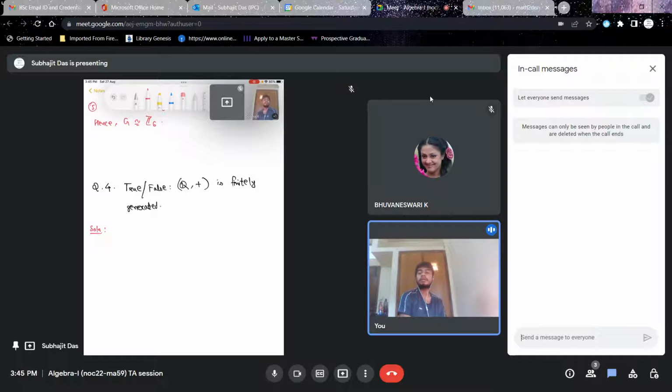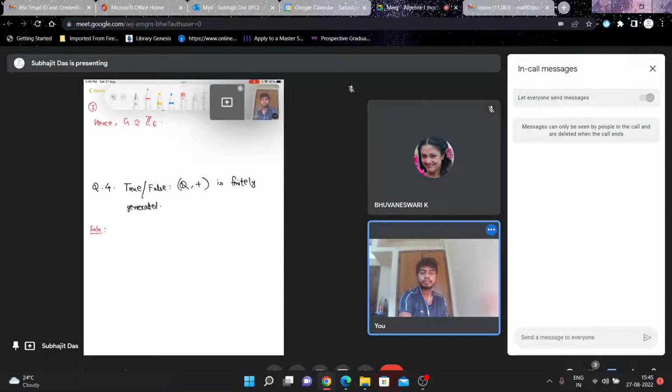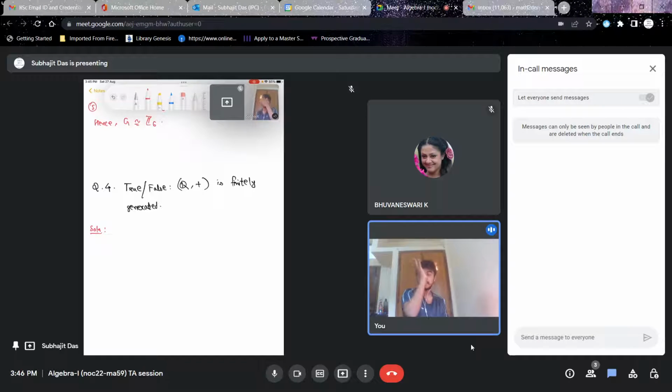What do you think, is Q under addition finitely generated or isn't it? Maybe you can comment in the chat as well. I claim that it can't be finitely generated, that is, the statement will be false actually.